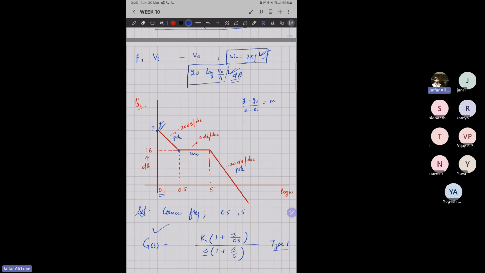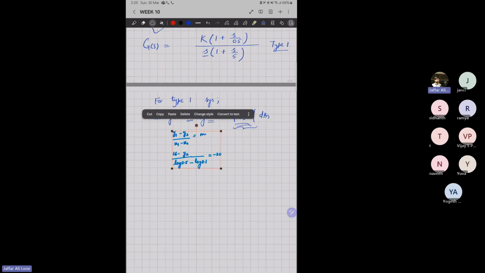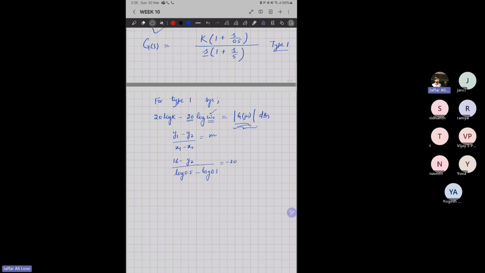So y1 here is 16, minus y2, and x1 is log of 0.5 minus log of 0.1, is equal to minus 20. The slope is minus 20, right? So let me copy this. I hope it's clear. If anybody has any doubt, he or she can ask.